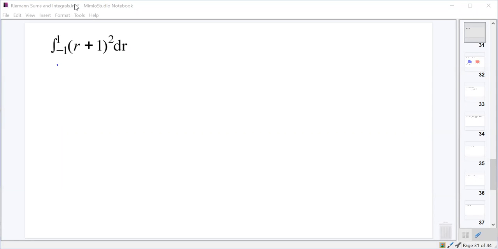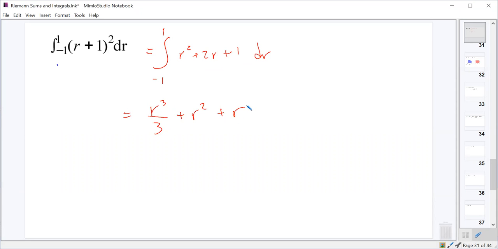So what did you guys do first? Expanded it. So r squared plus 2r plus 1 dr. And then integrating to get r cubed over 3 using the power rule, plus r squared using the power rule, plus r using the power rule.